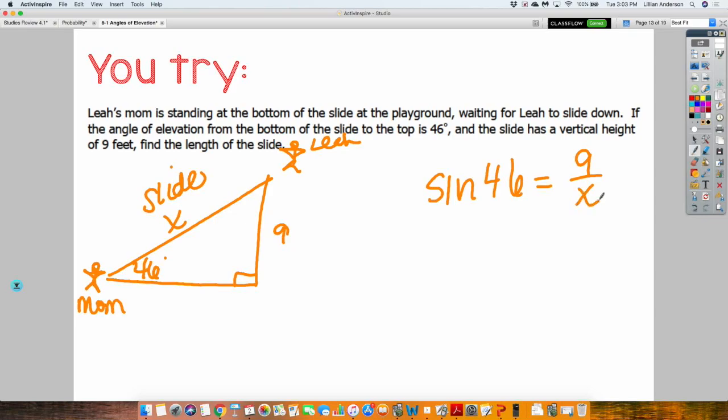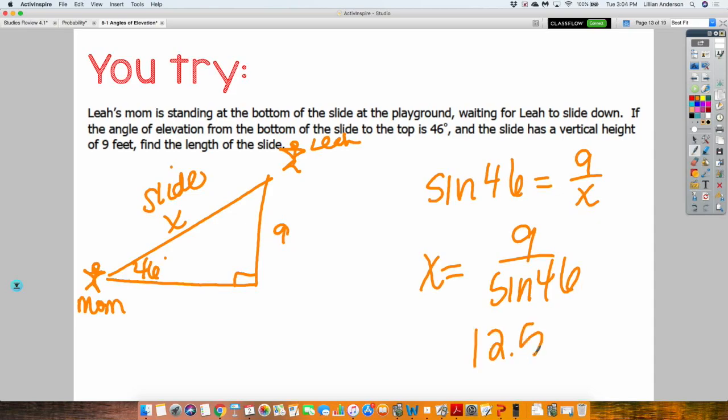And by now we should be pros. And we know that x is going to be 9 divided by the sine of 46, which is what answer? Michaela, what's that answer? Okay, Zoe, what did you get? 12.5. 12.5 what? Feet.